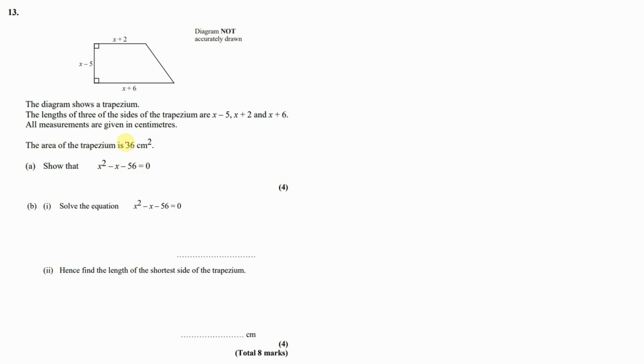So the area of the trapezium is 36, and we've got some algebraic lengths for our trapezium. So we want to find the area of this trapezium in terms of algebra.